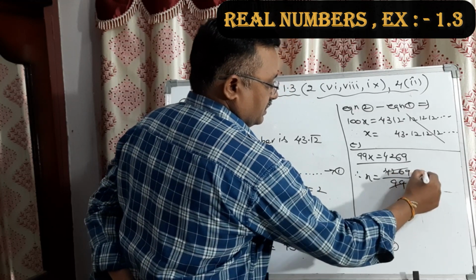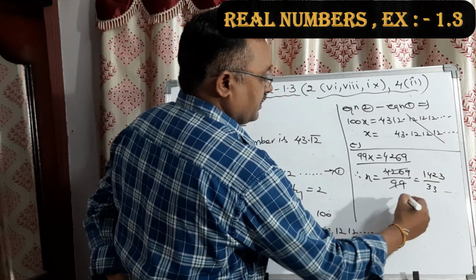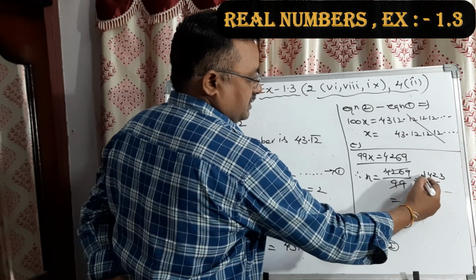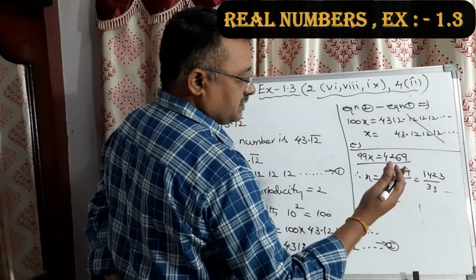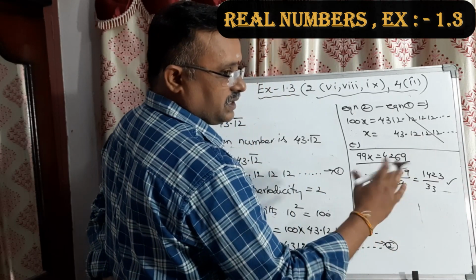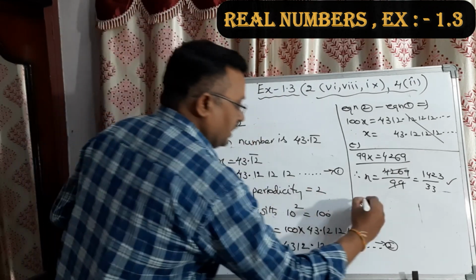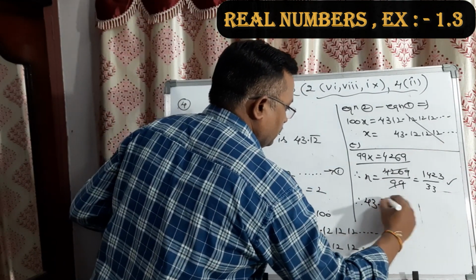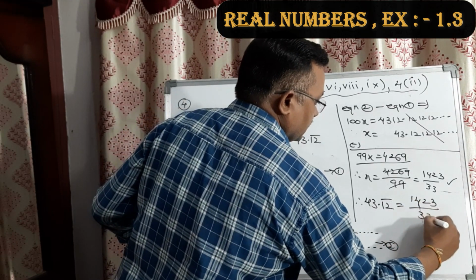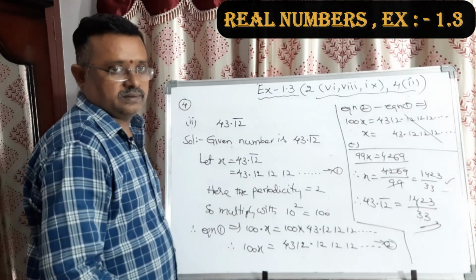This will become 3 1s are 3, 4s are 12, 3 2s are 6, 3 3s are 9. And again check that one. 3 plus 2 is 5, 9 is 14, 10. 10 is not a 3 multiple, so this is the final answer. Correct? So further cancellations are not possible. Therefore the given decimal value 43.12 bar is equal to 1423 by 33. This is its decimal conversion. Is that clear? Okay.